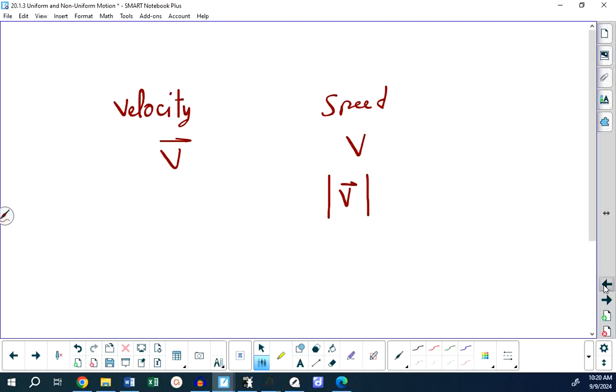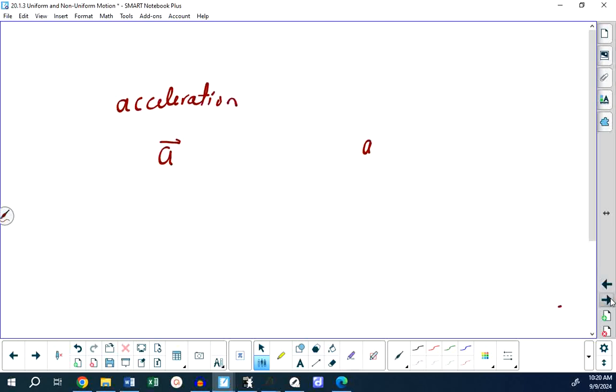We do not have a special word for the magnitude of acceleration. So what is this? This is the magnitude of the acceleration. And you may think this is being picky, but sooner or later some of you are going to go, wait a minute, well, what do I call that? You call it the magnitude of the acceleration.